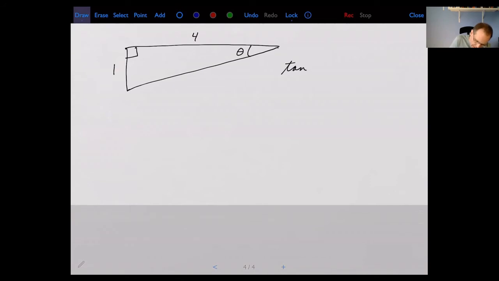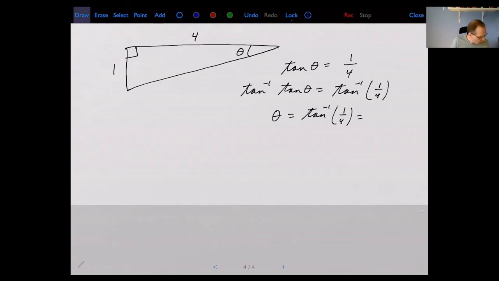So tan theta must equal 1 divided by 4. If I take the inverse tangent of both sides, then theta is equal to the inverse tangent of 1/4, which is around 14.04 degrees. So that's the angle that E2 makes with the negative x-axis. Basically it's the reference angle.